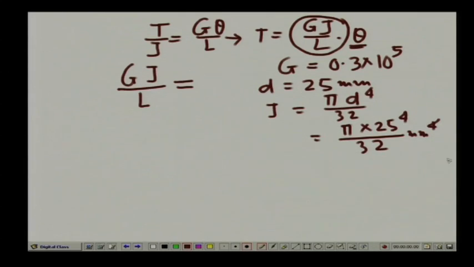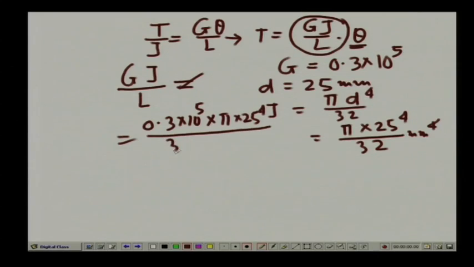So, this is the value of J. So, GJ by L is equal to 0.3 into 10 to the power 5 into pi into 25 to the power 4 divided by 32, and L is equal to 1.2 meter. So, this is 1200 millimeter, and this gives us a value of 958.74. This is so much of Newton meter.